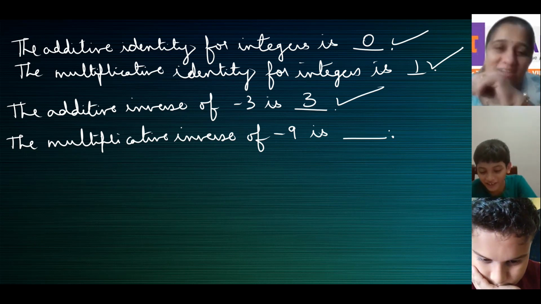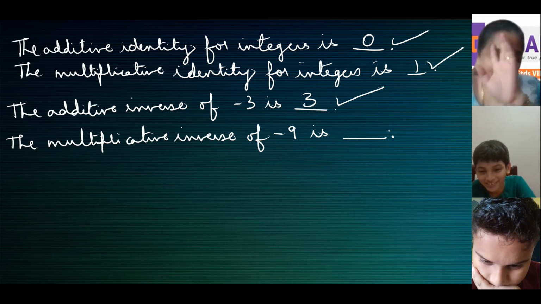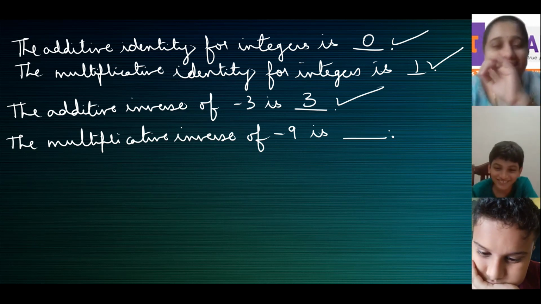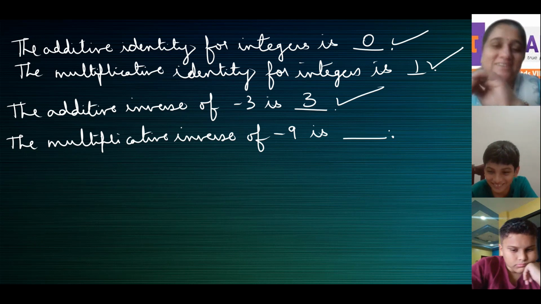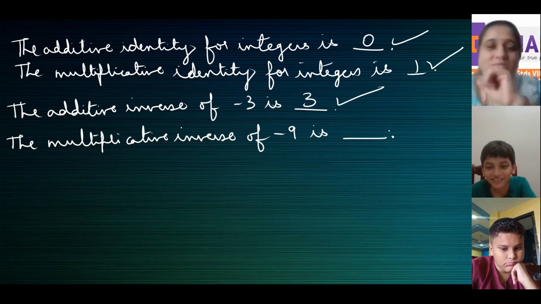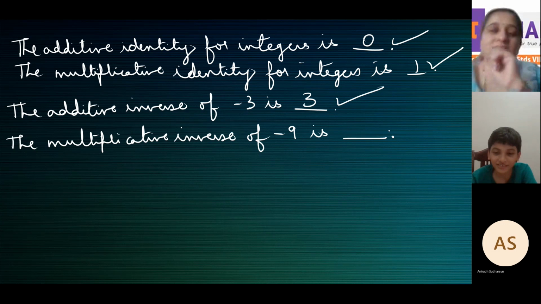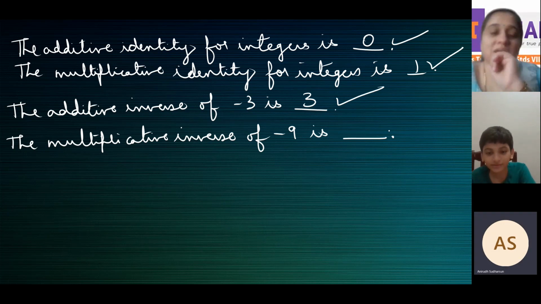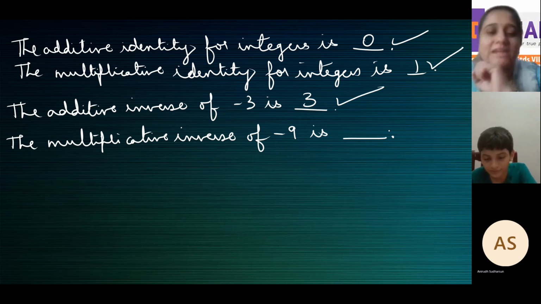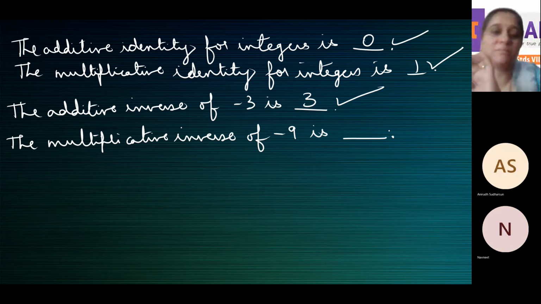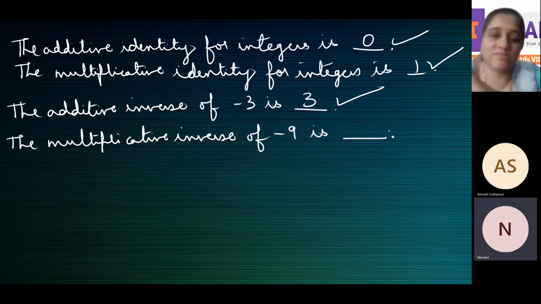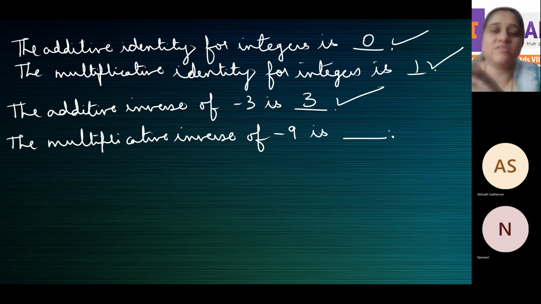For additive identity, we know that the answer is 0. Yes or no? There's only one answer. Multiplicative identity means only one answer, 1. Now this is inverse. What should you do? You should change something. Additive inverse means change the sign, don't change the number.